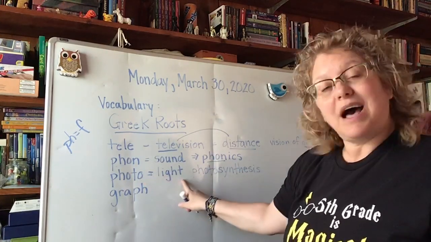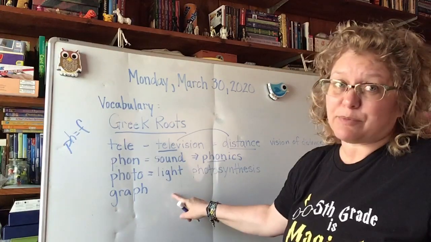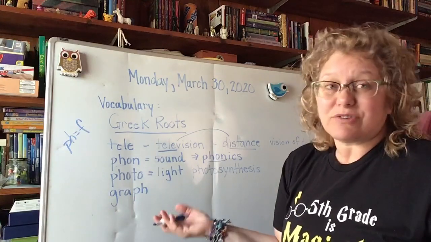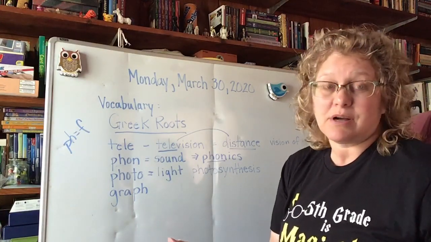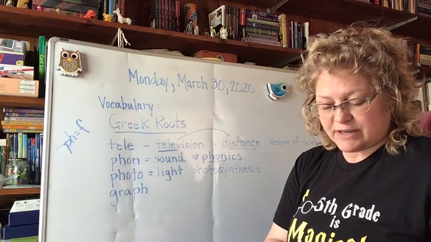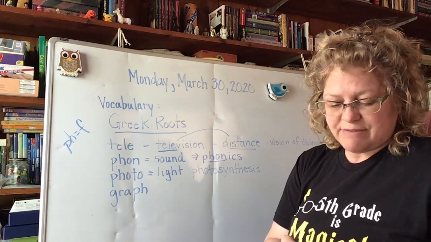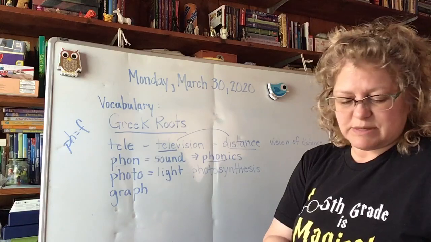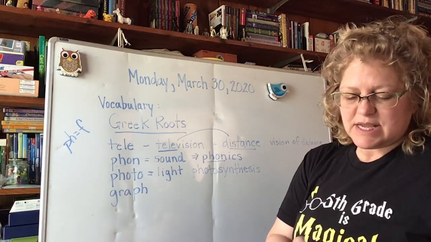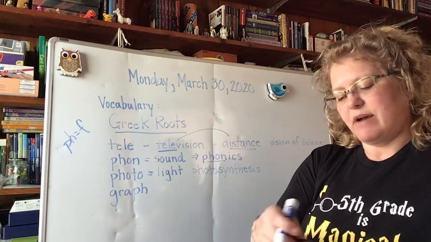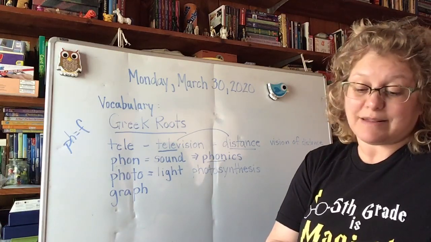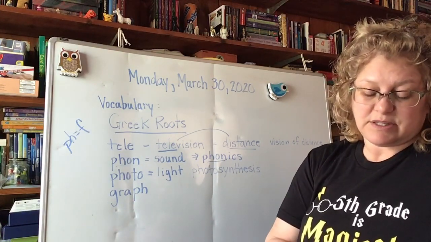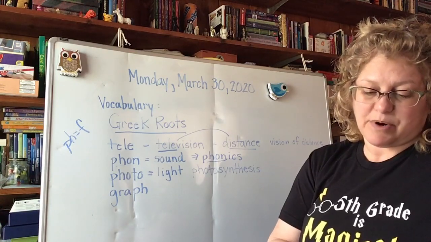So photo actually means light, which brings up graph, because again, I said if I think photograph, I usually think of that as the word meaning picture. All right, but what graph actually stands for, it means word, and I just want to make sure that I'm giving you the right information. So I have all my notes electronically, which is very hard for me to manage because I'm so used to writing things down on paper.